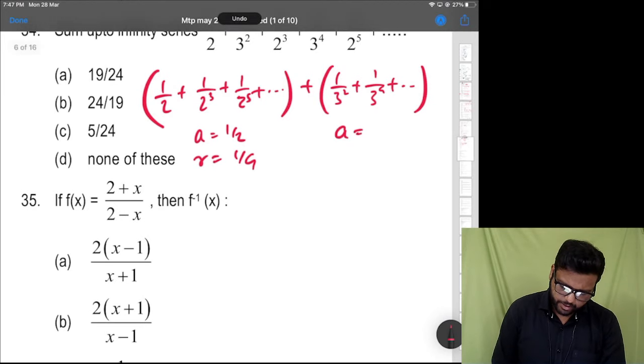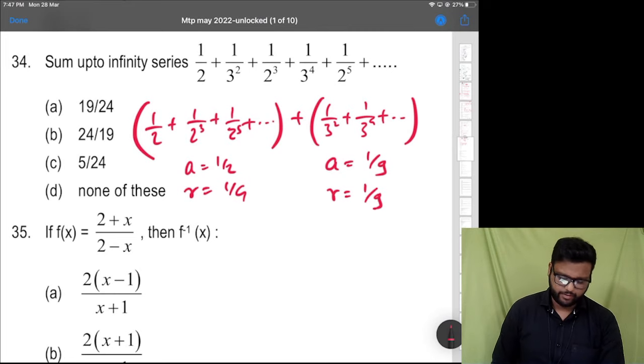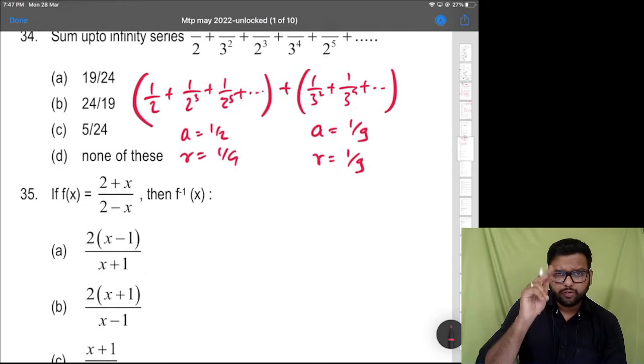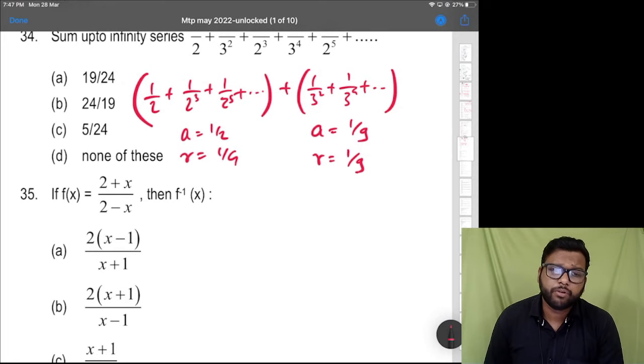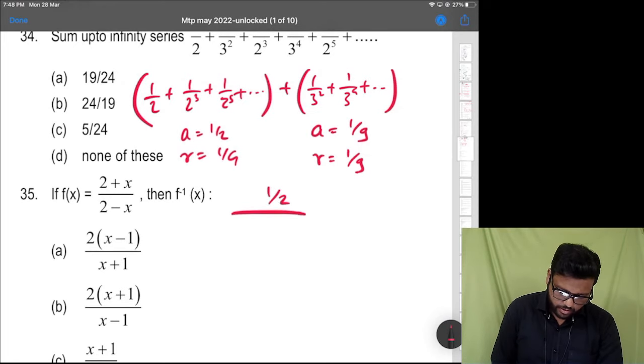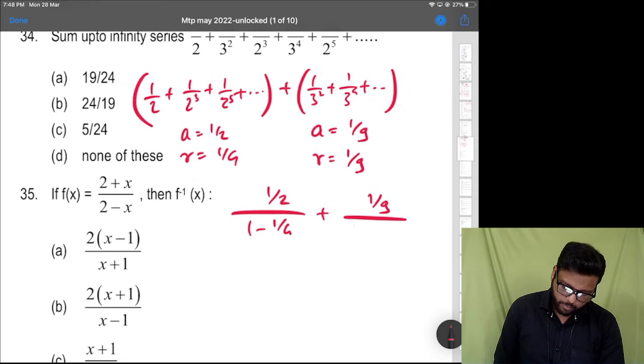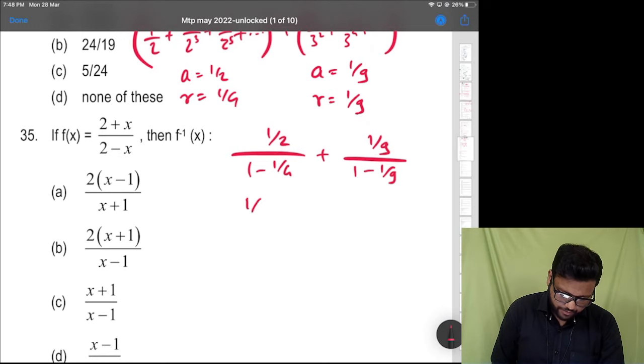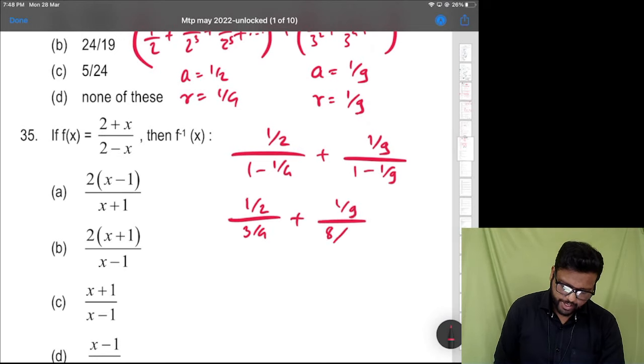And here the first term is 1 by 9 and the common ratio is also 1 by 9. 1 by 3 square, correct. So we'll take the sum of two infinite GPs. The sum of an infinite GP is what? A upon 1 minus R plus this A upon 1 minus R. So let's just do that. Half upon 3 by 4 plus 1 by 9 upon 8 by 9.